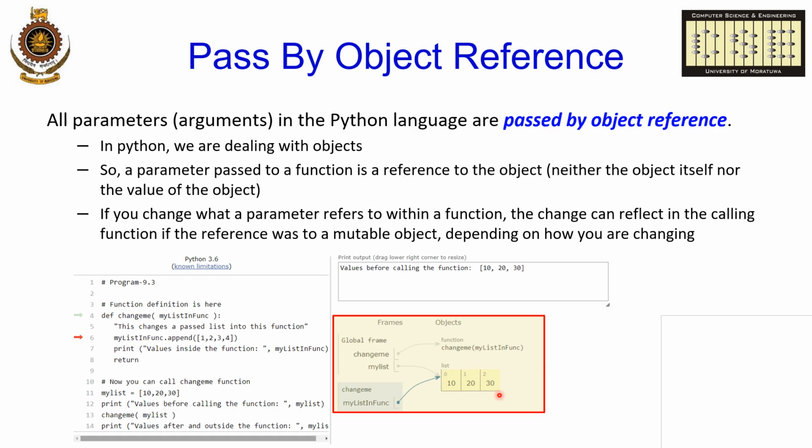That's the thing to understand, right? Since we pass myList to change me, myList_infunc contains the reference to the same object that we defined earlier. So that's what we pass: we pass the reference to that object into the function change me. Okay.